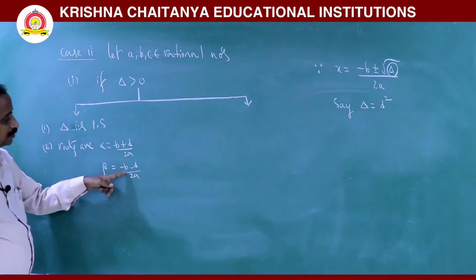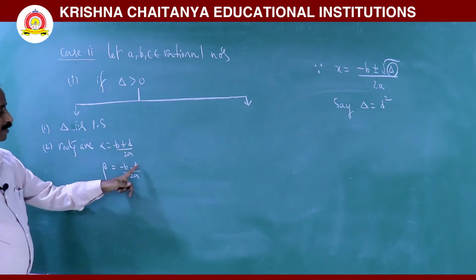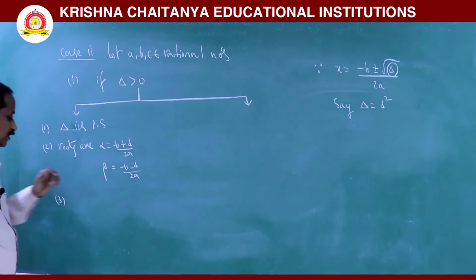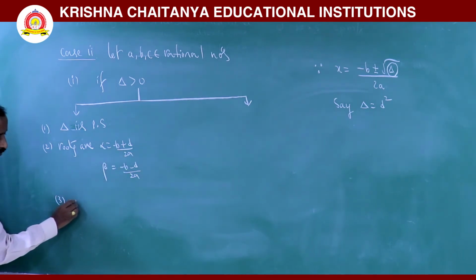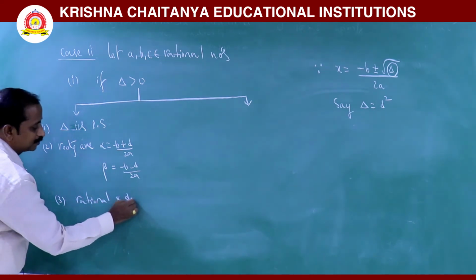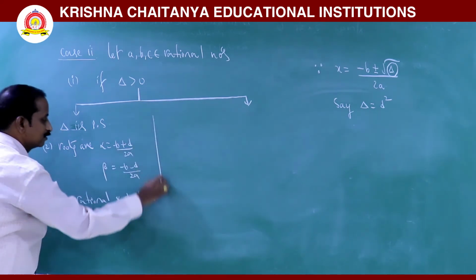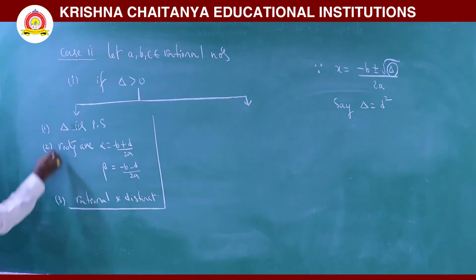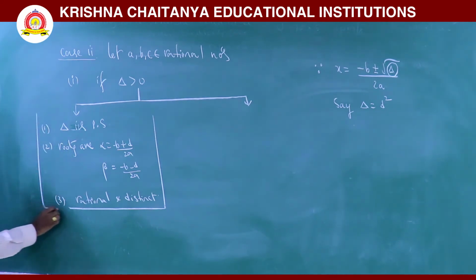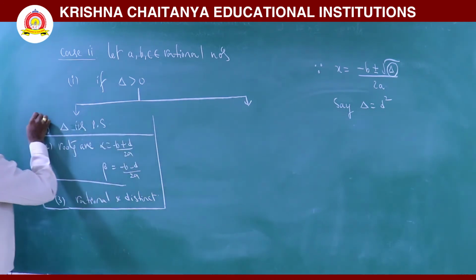They are distinct. Minus b plus d by 2a and minus b minus d by 2a are distinct. So the nature of the roots is rational and distinct. This is when a, b, c are rational and delta is a perfect square.